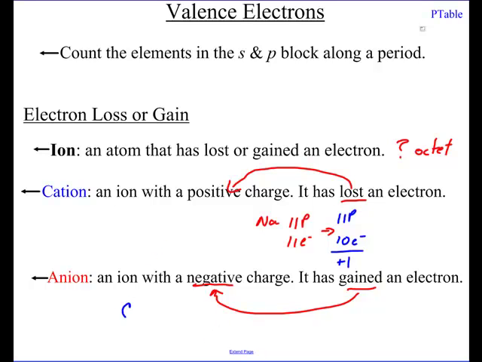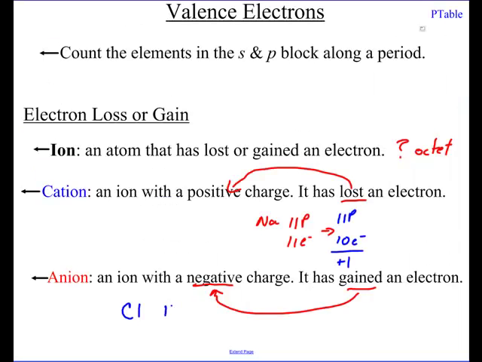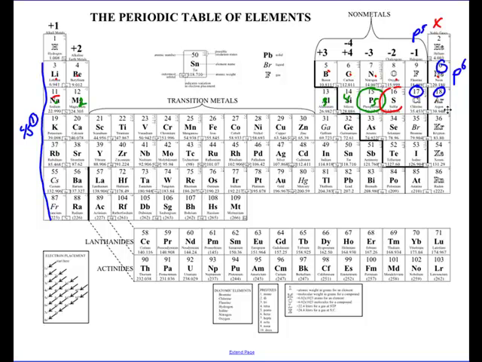Okay, let's look at chlorine. How many electrons does chlorine have? Well, let's find it over here. It has 17. Let me erase some of this gibberish I have here. Okay, chlorine has 17 electrons, right? Well, if it has 17 electrons, it has 17 protons. Okay, and then if we look at the periodic table, what's the likely scenario? Is it going to gain 1 electron to be like argon, or is it going to lose 7 to be like neon?